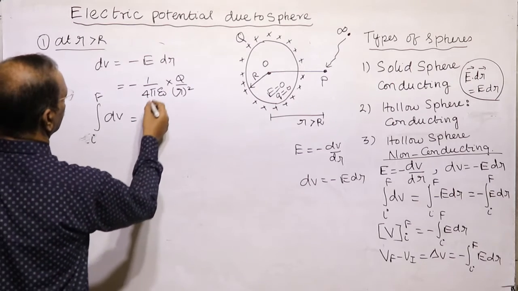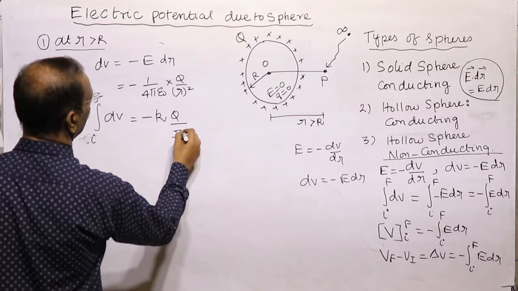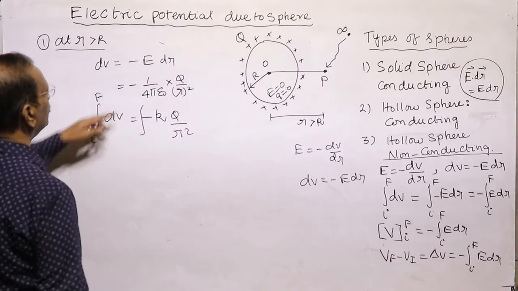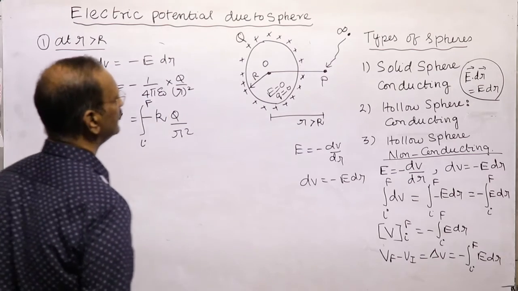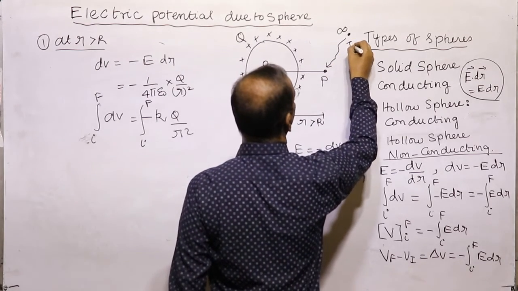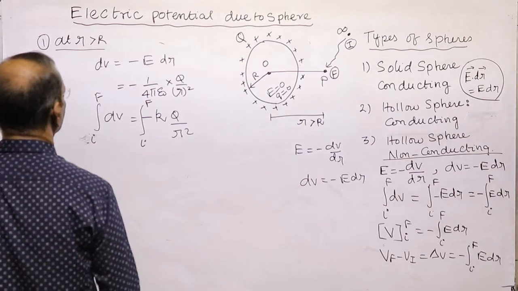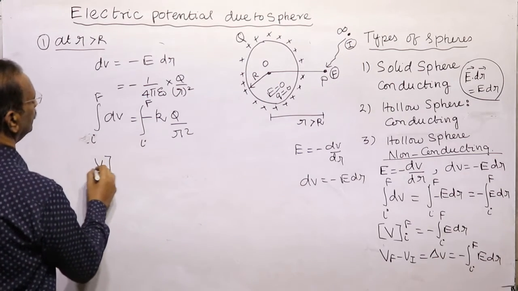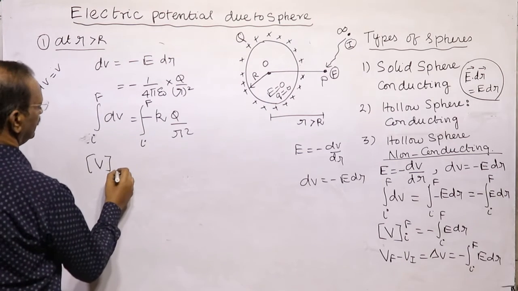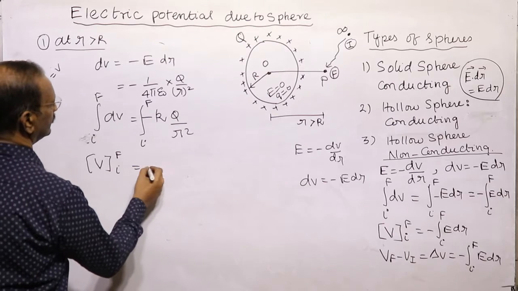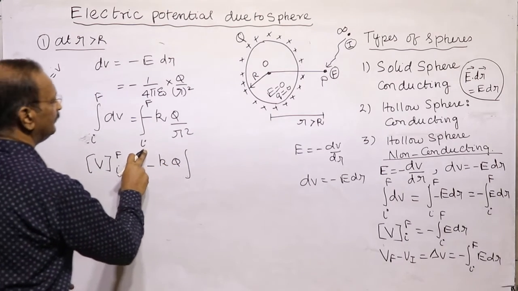This is the initial point, this is the final point. dV is equal to minus k into q divided by r square, from initial to final point. Integrating dV gives V, and we apply the limits initial to final, which is equal to minus k into q into the integration of dr by r square. What is the initial distance?